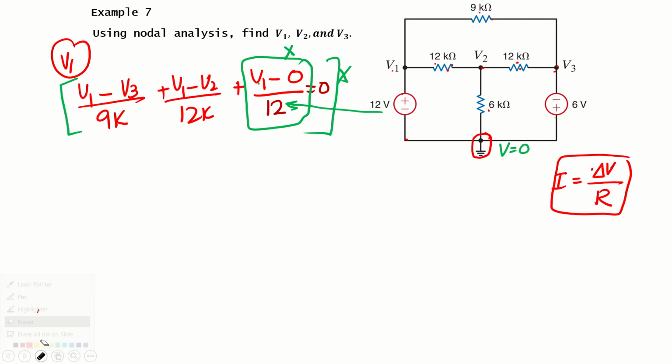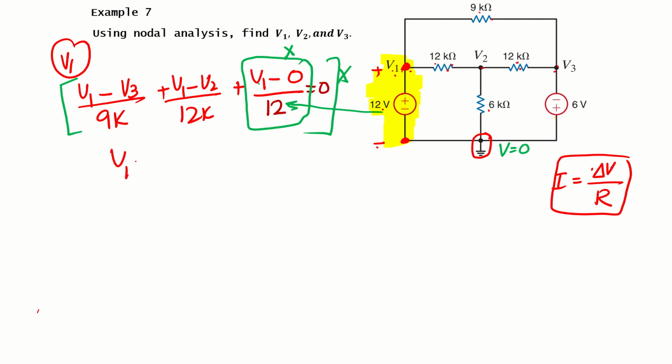If I look at this circuit, let's focus here. V1 is connected between this node and the ground. The voltage source is connected between V1 and the ground. So the value of V1 we can simply calculate: the difference of nodal voltages, V1 minus 0, is equal to 12 volt.